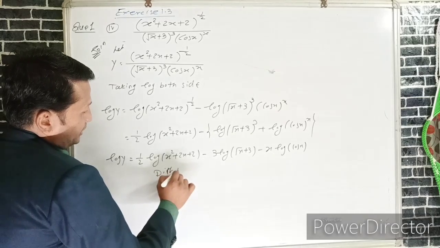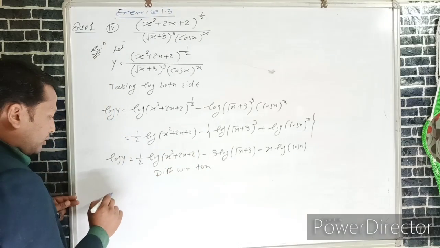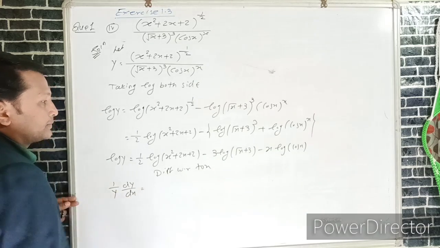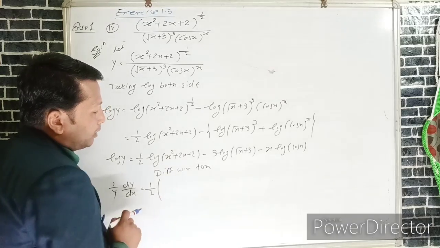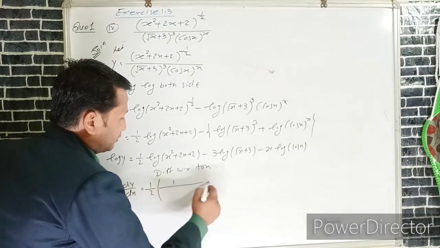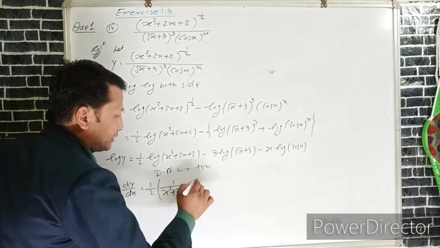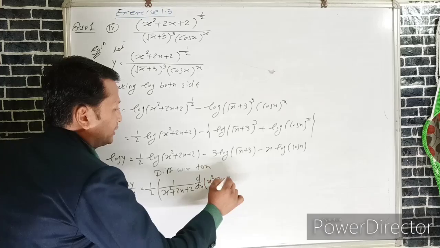If we differentiate this function with respect to x, then we can write the derivative of log y is 1 by y dy upon dx. Here 1 by 2 is a constant and we take the derivative of log of x square plus 2x plus 2, which is 1 upon x square plus 2x plus 2, and we take again the derivative of x square plus 2x plus 2.